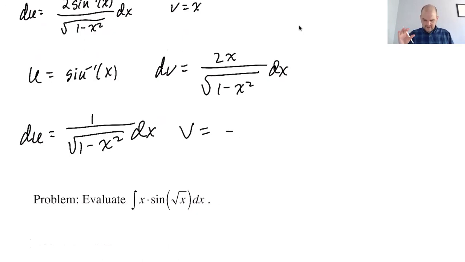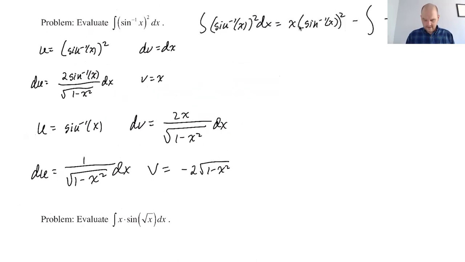And then it's u to the negative 1/2, so it'll be negative 2 times the square root of 1 minus x squared, plus c. I always fight the urge to put plus c there. You can check by taking the derivative: negative 2 times 1/2 is negative 1, times 1 minus x squared to the negative 1/2, times negative 2x. So that works, I think.